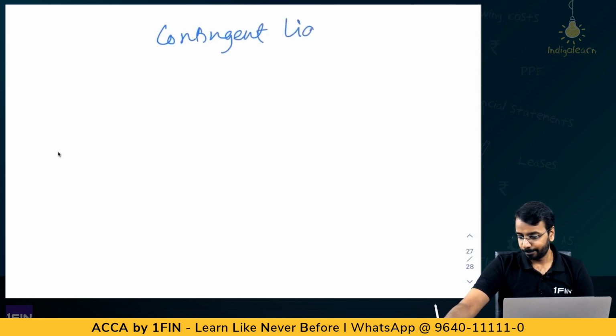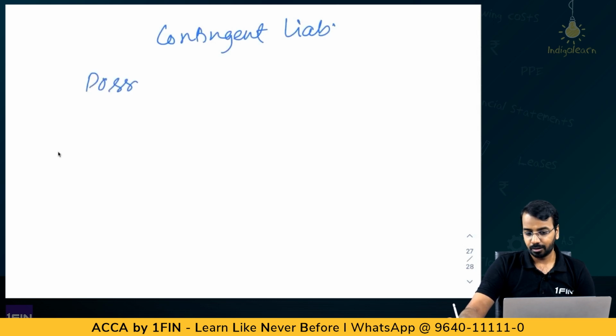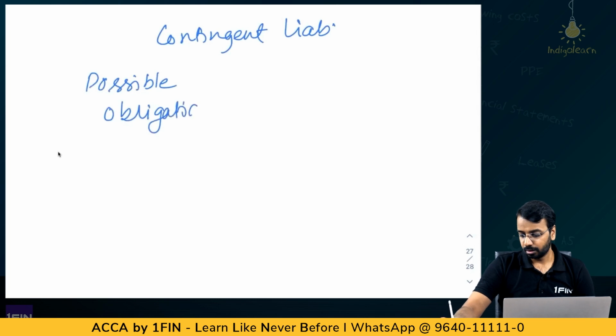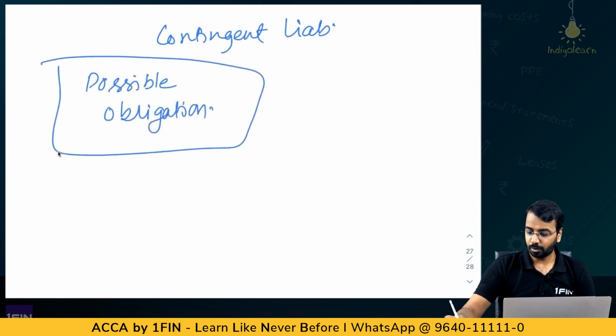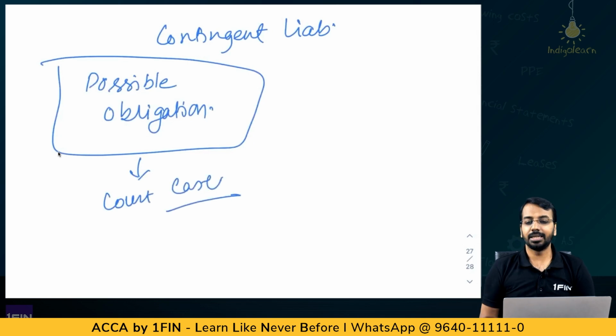Now, another part is contingent liability. When we say something is a contingent liability, it is a possible obligation, something like a court case. In case of a court case, there is no present obligation. It is possible that in future you will have an outcome because of which you will have to pay some amount. So that is a possible obligation, it is not a present obligation.